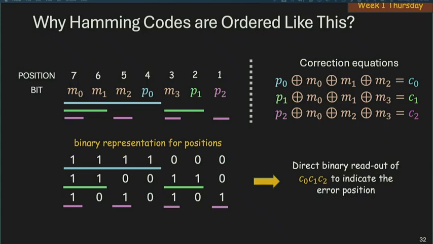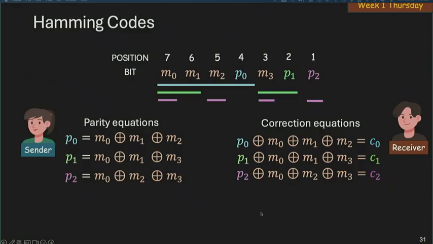And the parity equation is nothing more than the correction equation minus the parity bits. Come back here. The parity equation is essentially the correction equation with the corresponding parity bits removed. Getting rid of P0 in the C0 equation, P1 in the C1 equation, and P2 in the C2 equation, you get 3 parity equations.